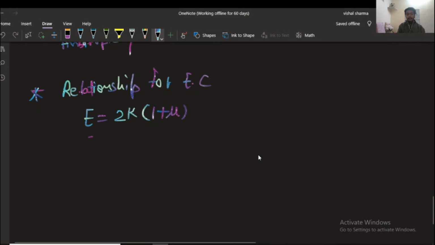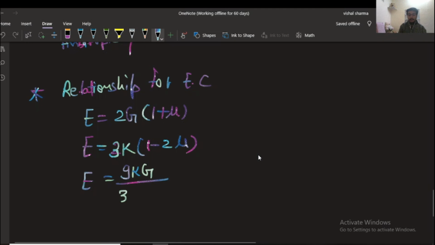The second one is E equals 3K(1 minus 2 mu), and the third one is E equals 9KG divided by 3K plus G. These are the relationships for the elastic constants.